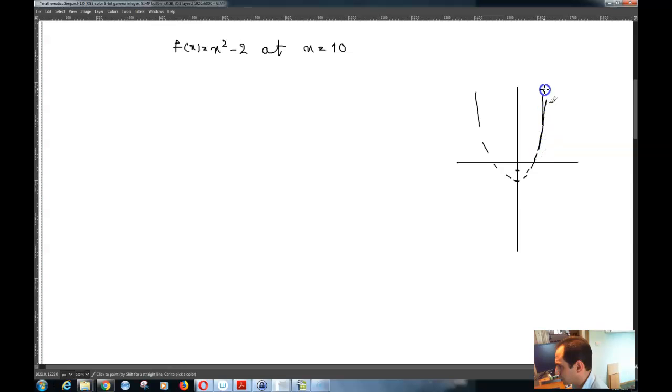And so at x is equal to 10, we're probably somewhere over here, and your output would be way up here, around 100 minus 2 is equal to 98. At that point the function is already way too steep.